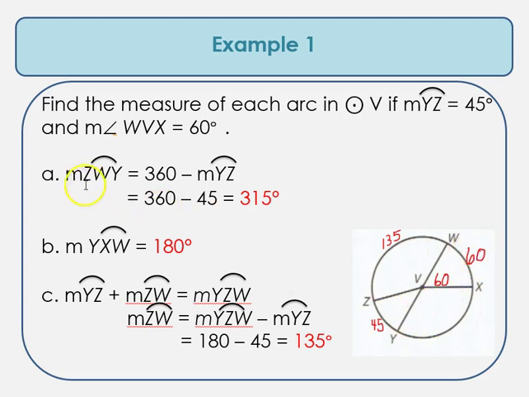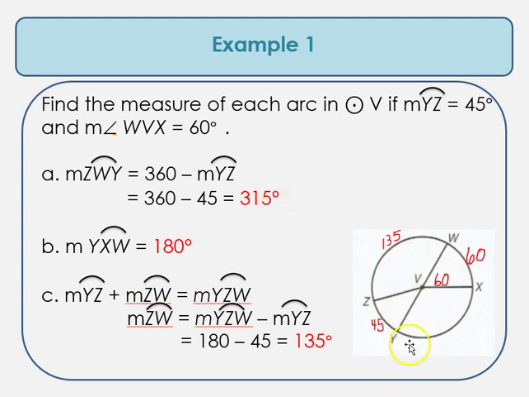So let's take a look. The first step, the measure of ZWY, so this is this major arc all the way across, is 360 minus the measure of YZ, which was 45. So this total arc from Y through X is 315 degrees.